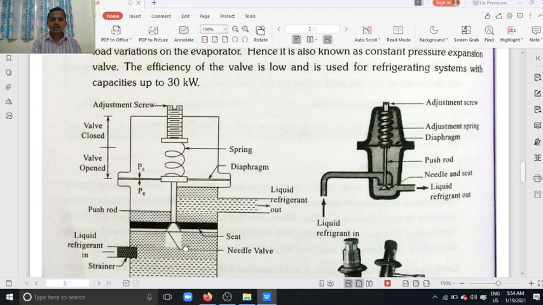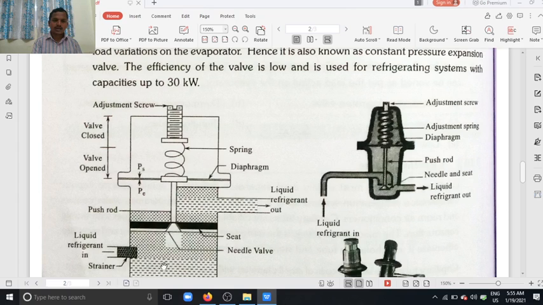This is the push rod, and this is the seat needle. Due to this needle, when PS is equal to PE, the valve is in the open position.